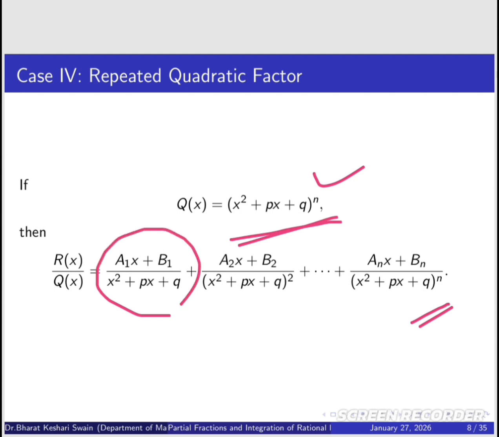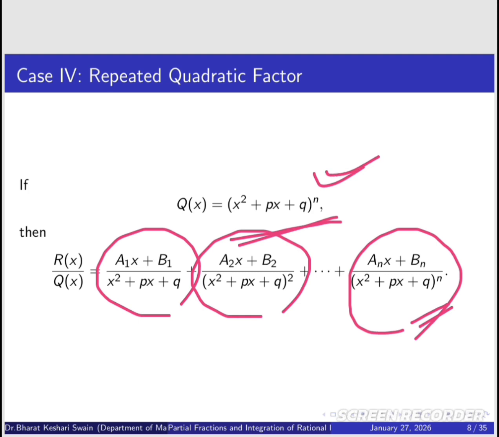Then for the second, a2x plus b2 divided by x square plus px plus q whole square. Similarly we have to go up to an x plus bn divided by x square plus px plus q whole to the power n, because the degree is n.